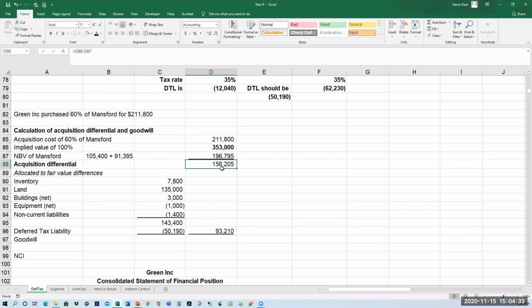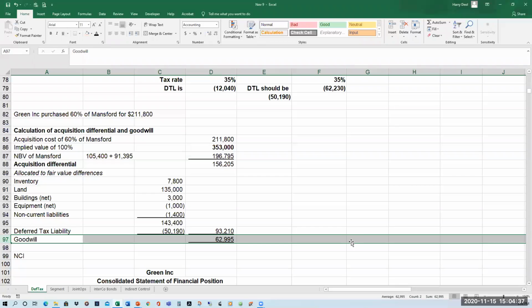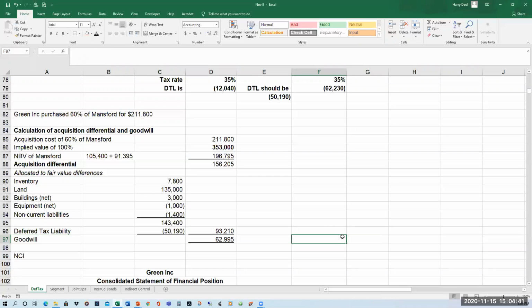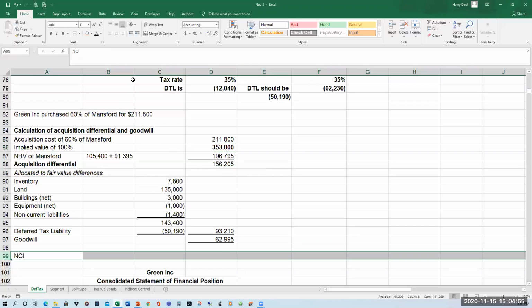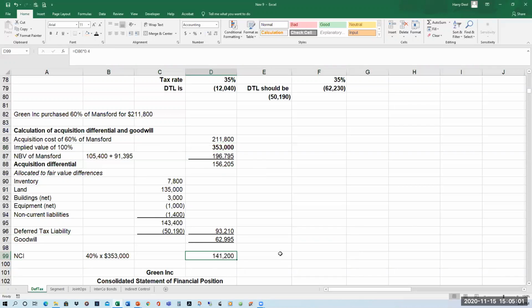Subtract that from the acquisition differential and we get goodwill equaling 62,995. No deferred taxes are calculated on goodwill. All right, and finally for non-controlling interest, because the parent company purchased 60%, the other 40% belongs to non-controlling interest. So 40% of 353,000 is 141,200.